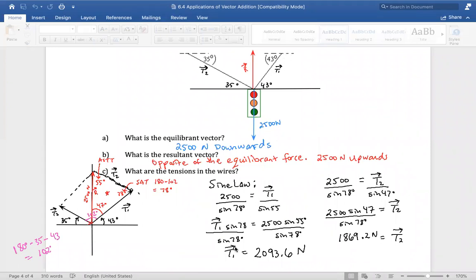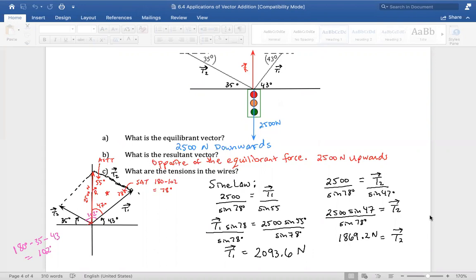T1 has over 2,000 newtons of force. T2, the longer wire, has only 1,869 newtons of force. So in comparison, this one has more force. It's swaying less. It has less give than the other wire does. So our numbers actually confirm that.